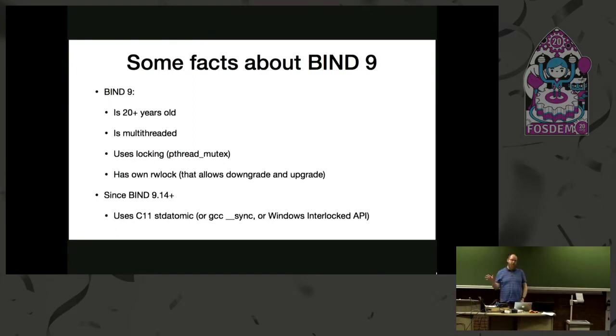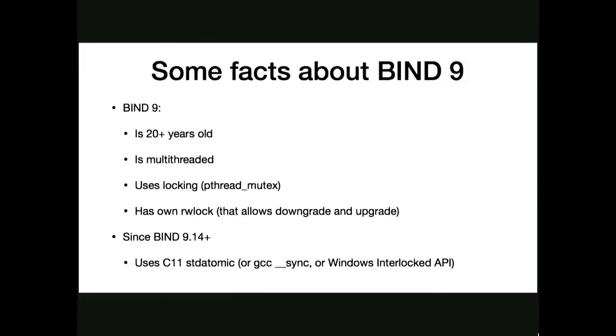And since bind 9.14, which is current stable, we are right now just before the release of the 9.16 stable version, it uses the STD atomics or the shims for GCC or the Windows API.